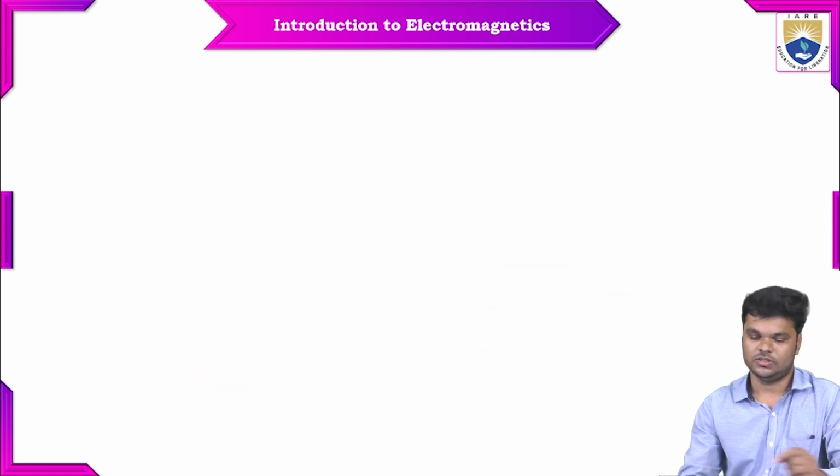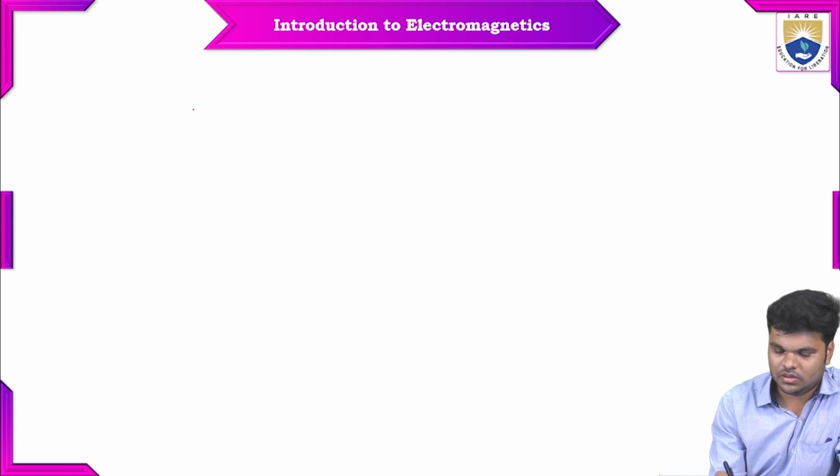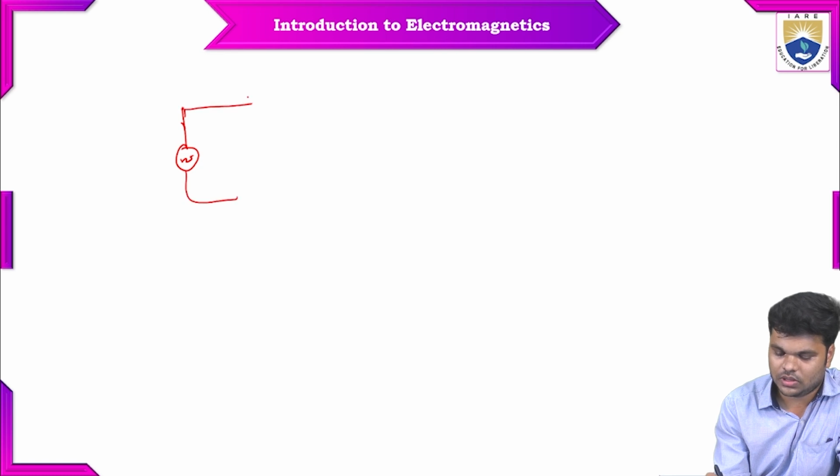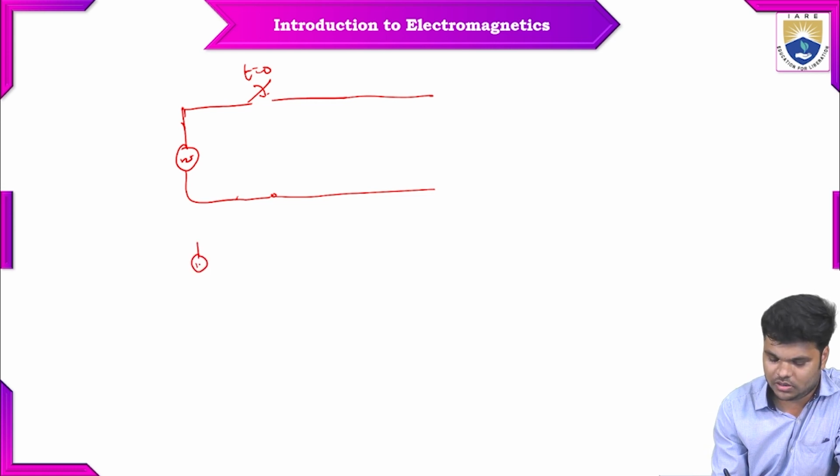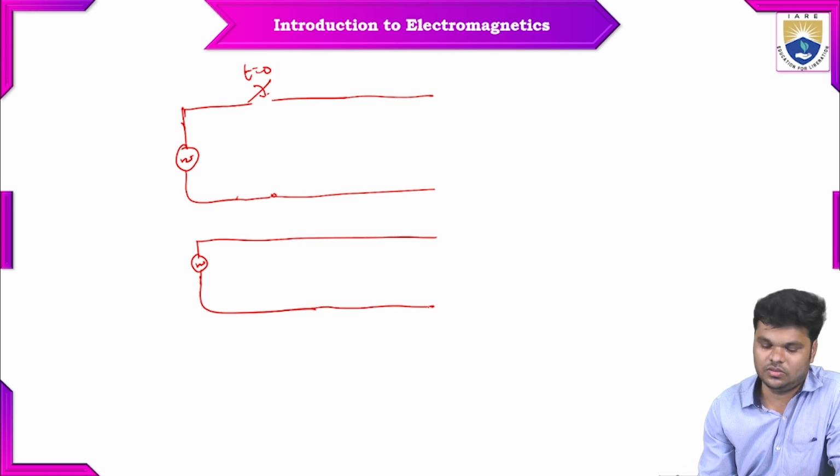Let's do some exercise before this. Let's consider that I have a circuit like this. If the switch is closed at t equal to 0, then what will happen? It will be like this.